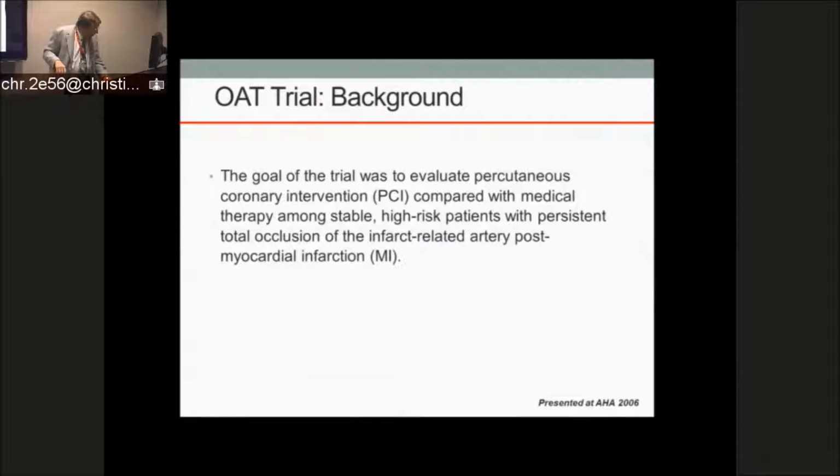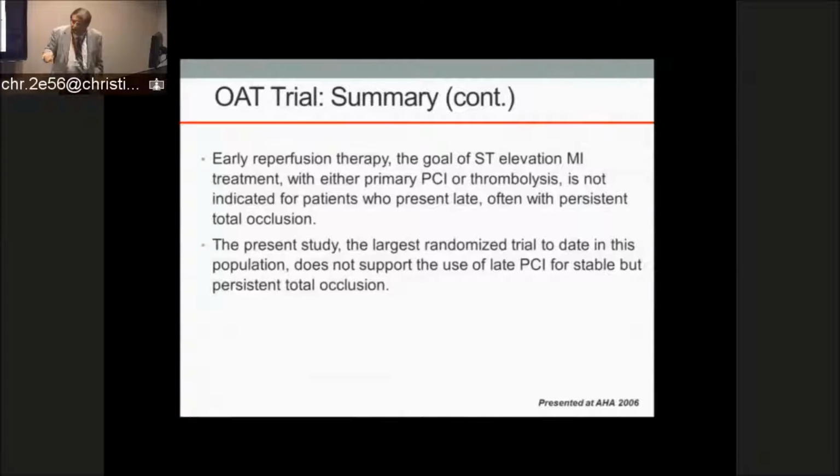They go into a lot of detail here, but basically what it found was that there was no benefit of PCI for those patients.